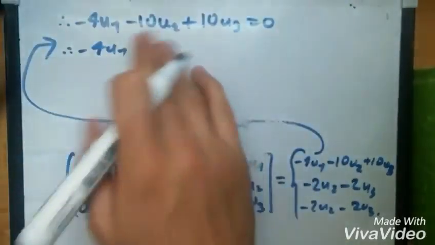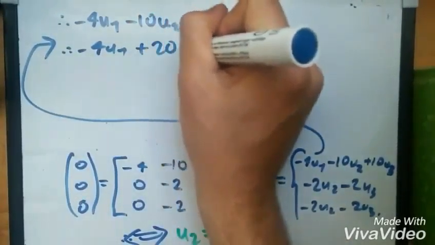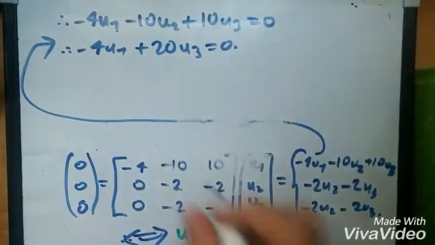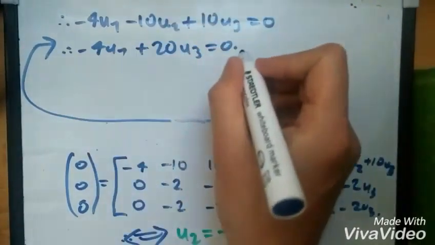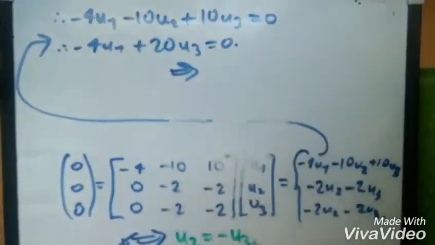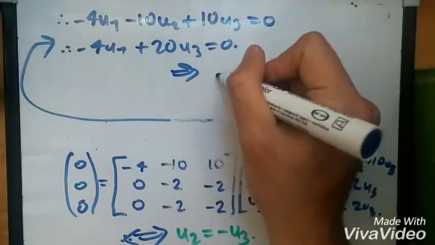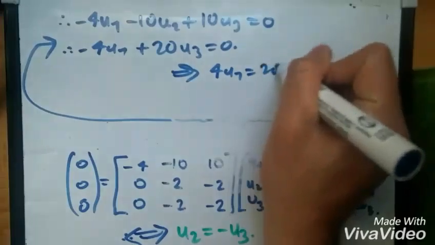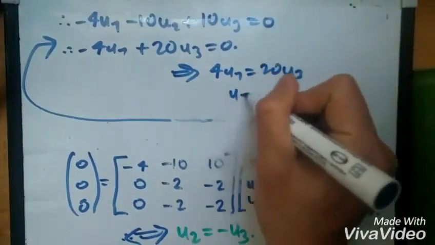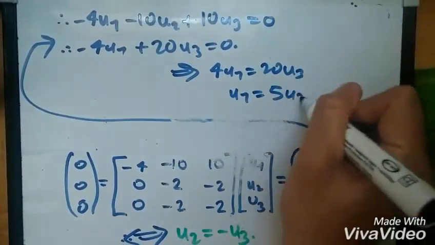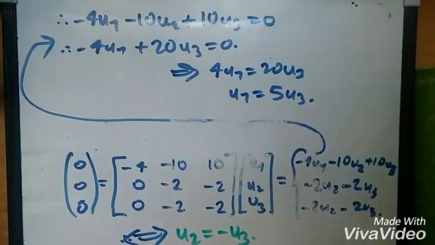Okay, plus 20u3. And solving this, moving the 4 across, this tells us that 4u1 equals 20u3, so u1 equals 5u3. Okay, so actually this isn't bad.